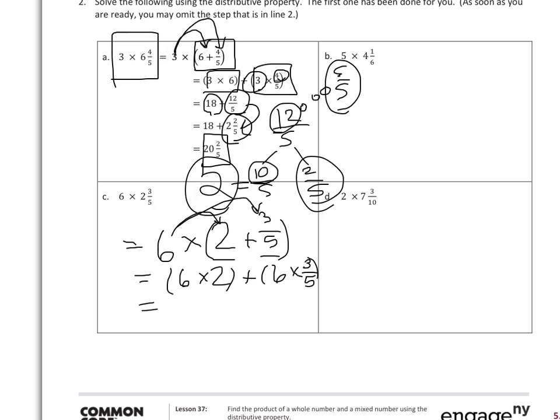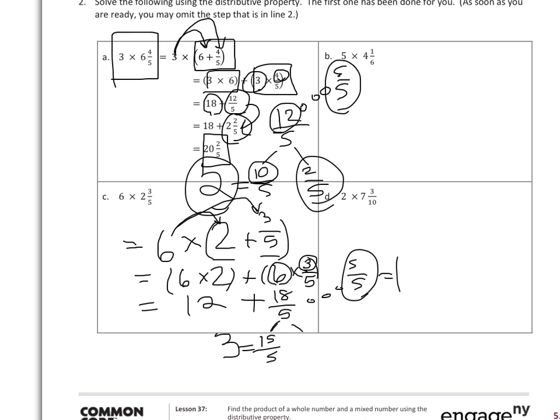Underneath, they're going to solve that. So 6 times 2 plus 6 times 3/5. 6 times 3 is 18/5. I like students to show the work with the number bond, so I'm going to show that here. I'm thinking about 5/5 making 1 whole. So how many copies of 5 do I have? Well, 15/5 would be 3 wholes.